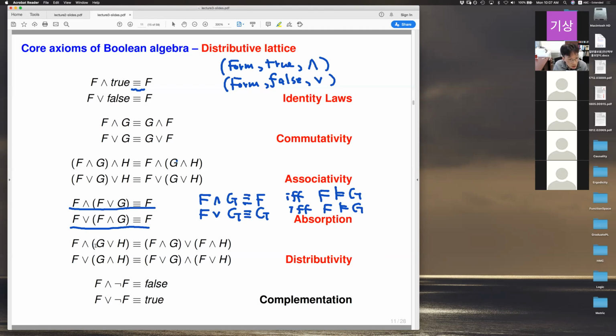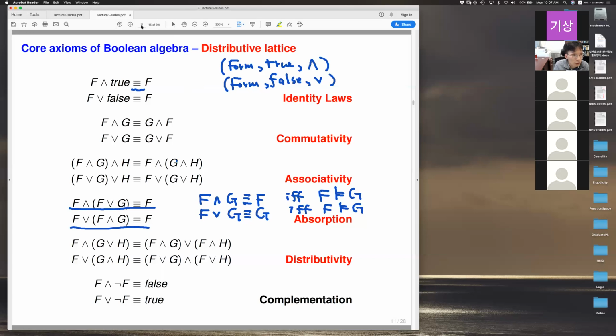Typically multiplication distributes over the plus, but not the other way: plus doesn't distribute over multiplication for numbers. But for this Boolean algebra, the distributivity is completely symmetrical. So conjunction distributes over disjunction, and disjunction distributes over conjunction.